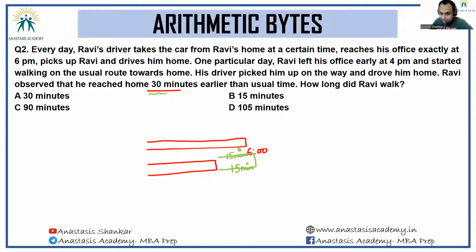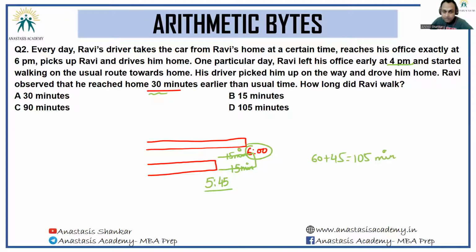So if 15 minutes forwards was saved, can I say he picked up Ravi at 5:45? Instead of picking him up at 6, he picked him up at 5:45. If Ravi was picked up at 5:45 and he started walking at 4 p.m., he has walked for 60 plus 45, or 105 minutes.